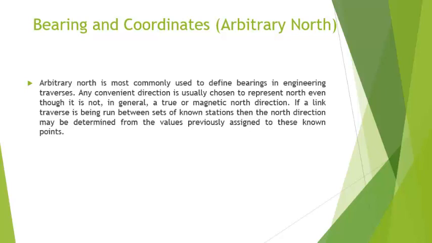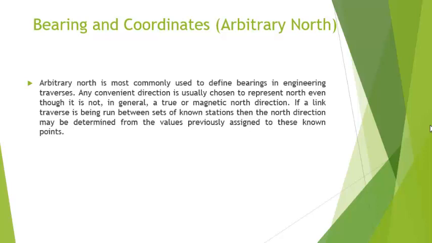But if we talk about 0 degrees to 360 degrees in clockwise rotation, we might talk about a bearing, but we definitely talk about an azimuth. End of whole circle bearing and north directions.